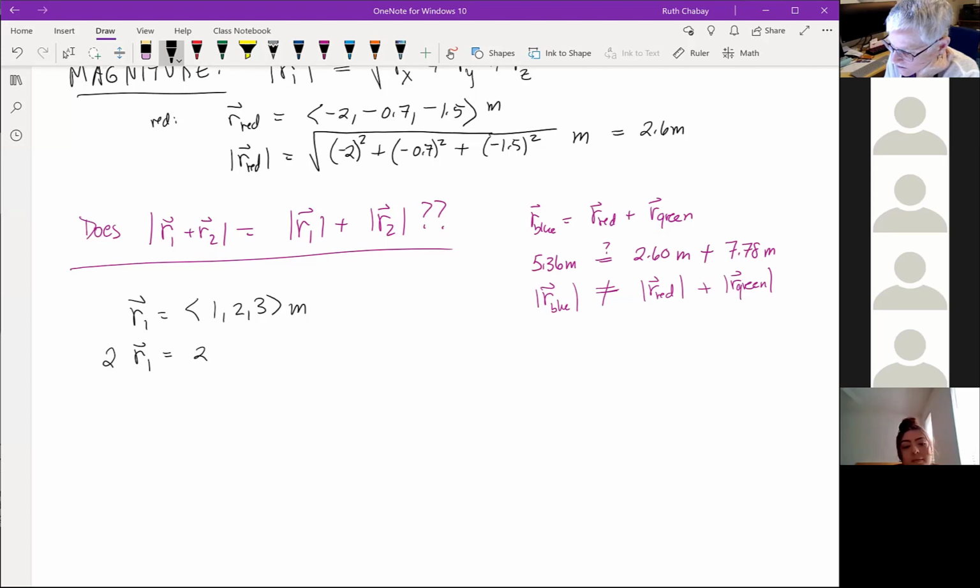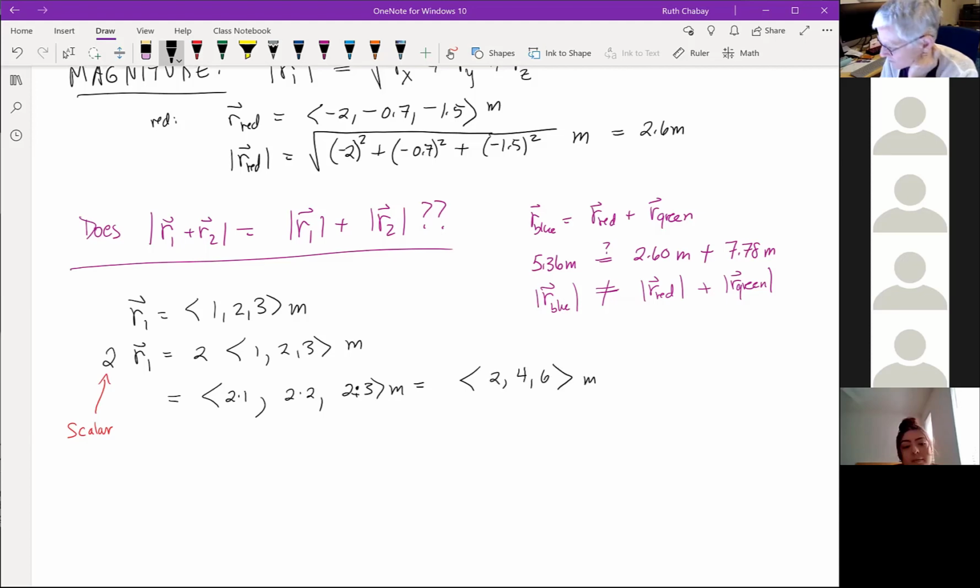And so that gives us 2 times this vector 1, 2, 3. That should make it twice as long. The way we do that is we multiply each component. So we would get 2 times 1, 2 times 2, 2 times 3 meters, which would give us a vector that was 2, 4, 6 meters long.